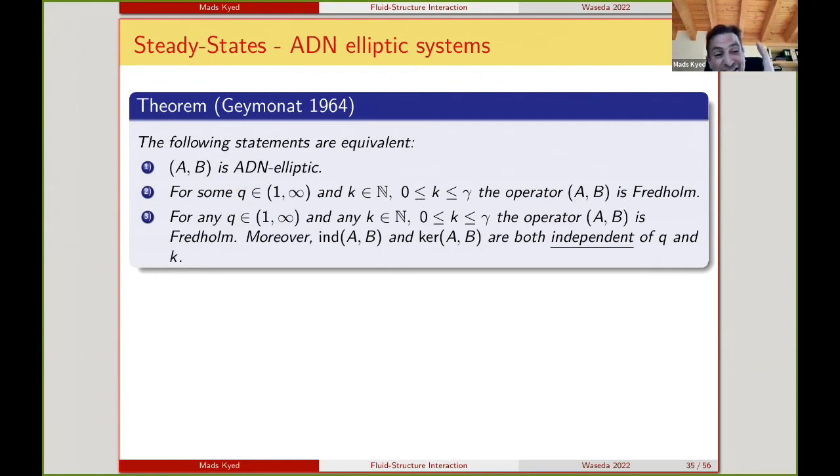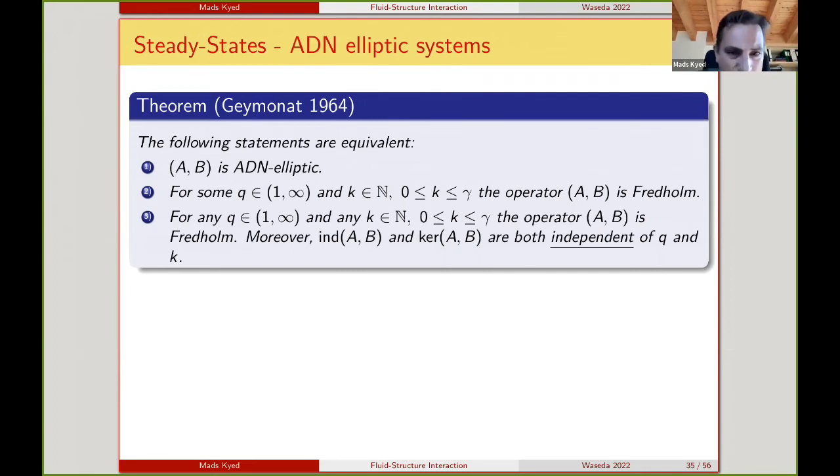The power of this theorem is that if you can show that your operator is Fredholm in the Hilbert space case, then it's Fredholm in any corresponding LP case. And Fredholm essentially is equivalent to elliptic in the sense of Agmon-Douglis-Nirenberg.